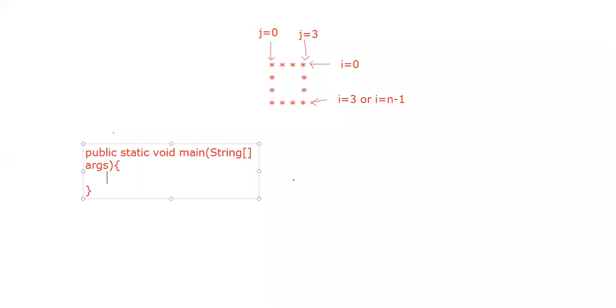Then we will have our integer n. Then we will have Scanner sc is equal to new Scanner System.in. Now this n reads the number of rows, and I believe the number of rows and number of columns will be the same since it is a square box.